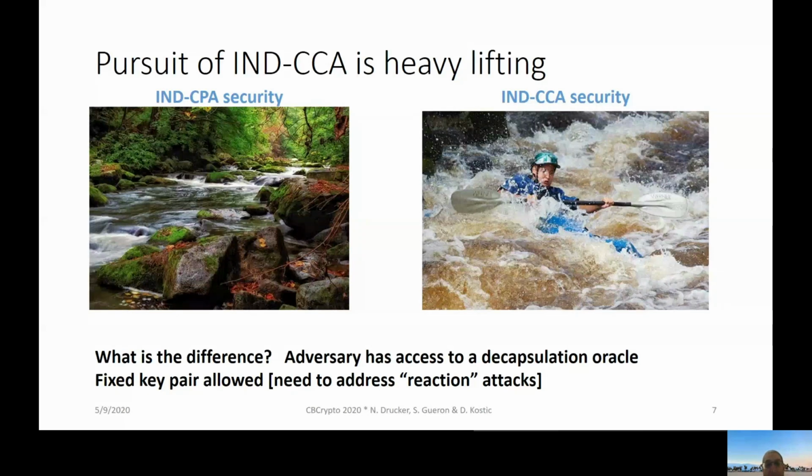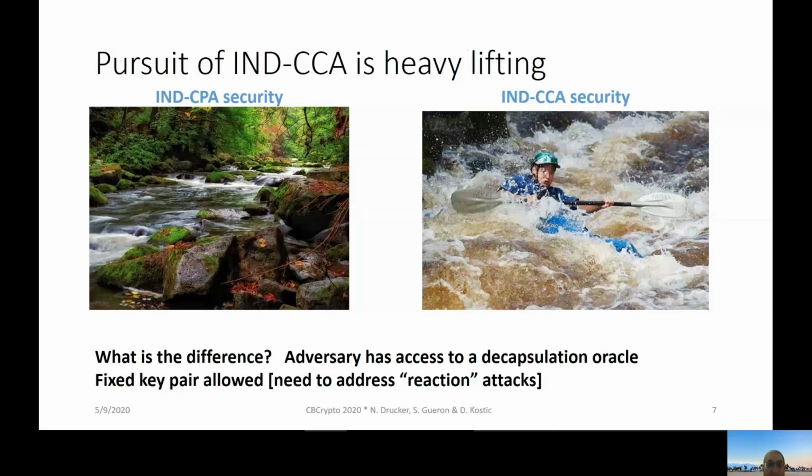And now the scheme needs to address reaction attacks. So it's not only that the adversary should not be able to learn anything from active attacks, but he should not be able to learn anything from knowing if a query caused a decapsulation failure or not.